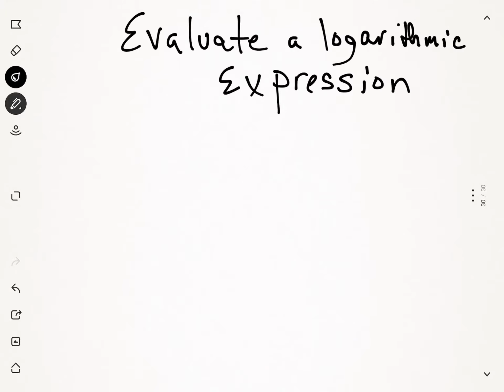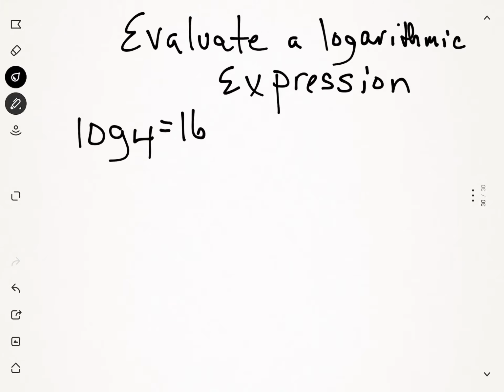All right. So let's start with log base 4 of 16.